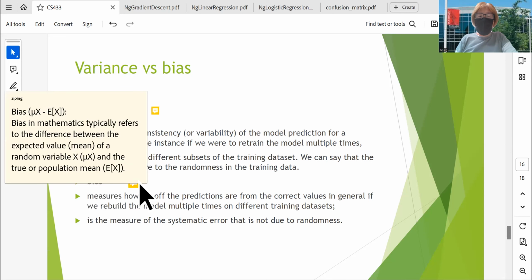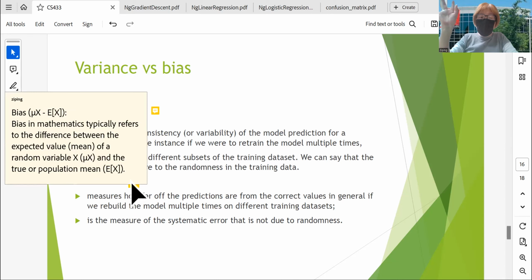And bias is just the difference between the expected value and the true value of the mean value. So this is bias. High variance can cause overfitting. High bias can cause underfitting.